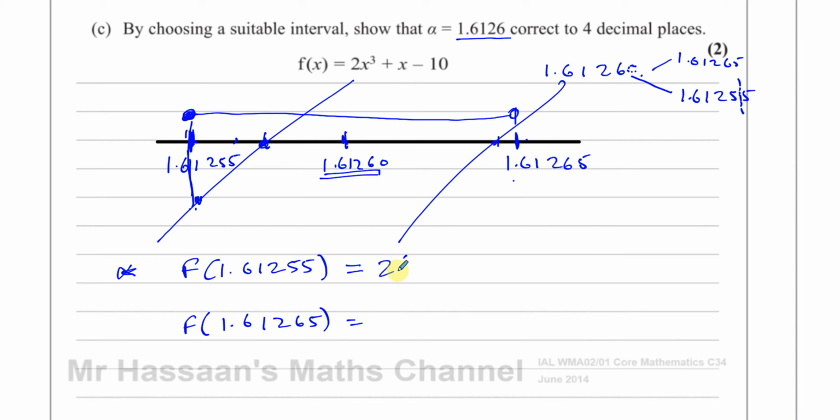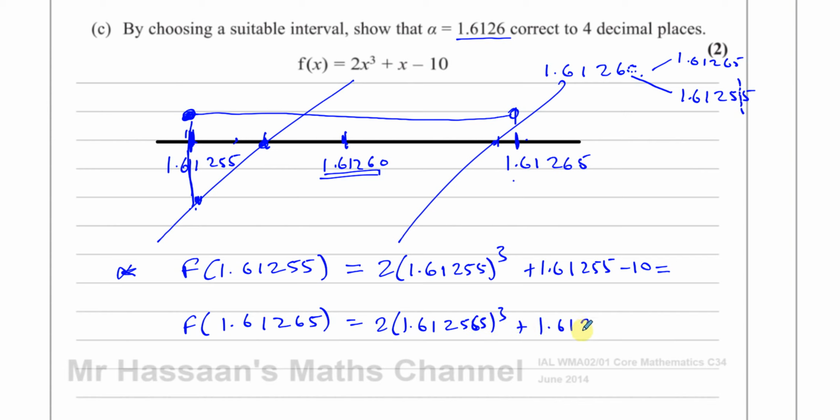We're going to have 2 times 1.61255 cubed plus 1.61255 minus 10. And here we're going to have 2 times 1.61265 cubed plus 1.61265 minus 10.